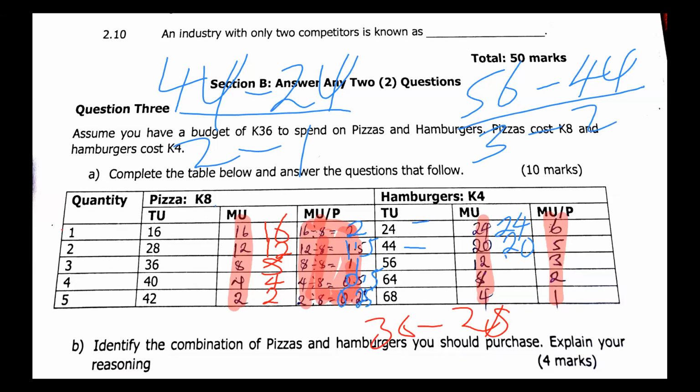That gives us 12. And then the next one will be 64 minus 56, that gives us 8. And then 68 minus 64 divided by 5 minus 4 gives us 4. Is that clear?